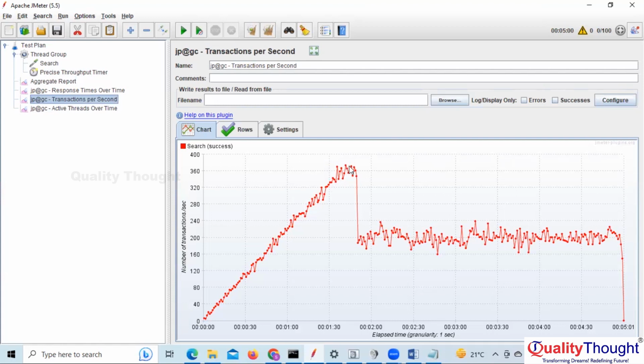It achieved around 360 again, like it achieved earlier, but it maintained that 360 throughput throughout the test. But now you gave the precise throughput timer. You asked it to achieve only 200 TPS, so it dropped the TPS immediately and it tried to achieve 200 TPS throughout your test. So this is what you need to do in your test, right?